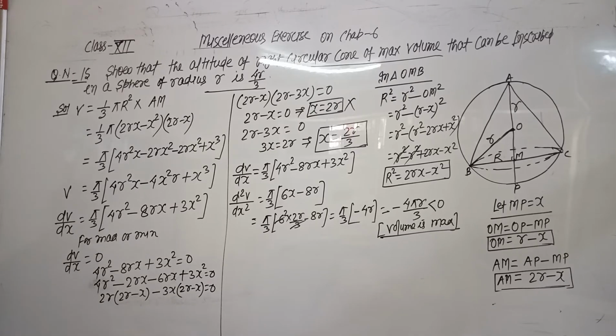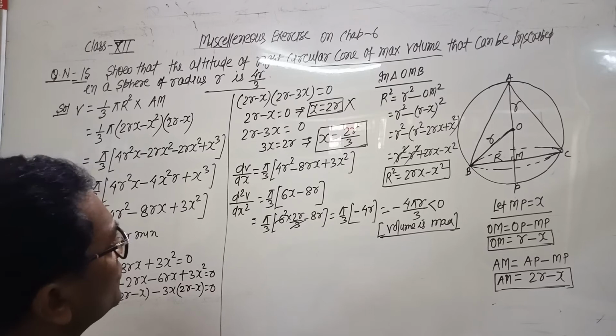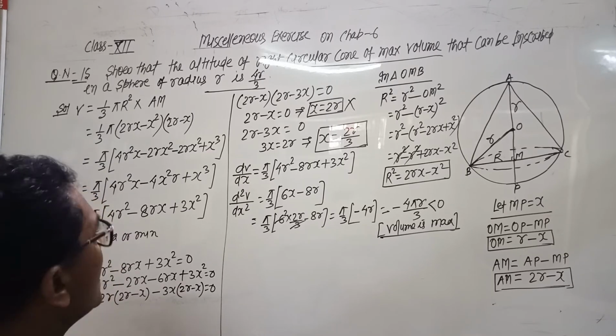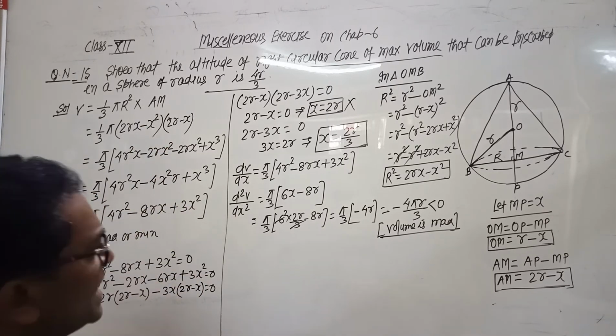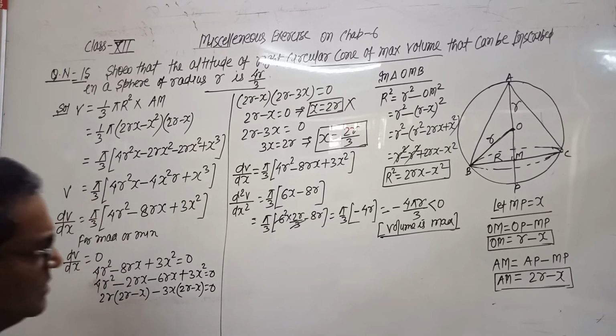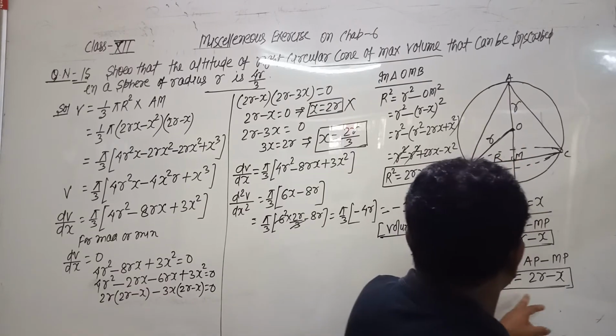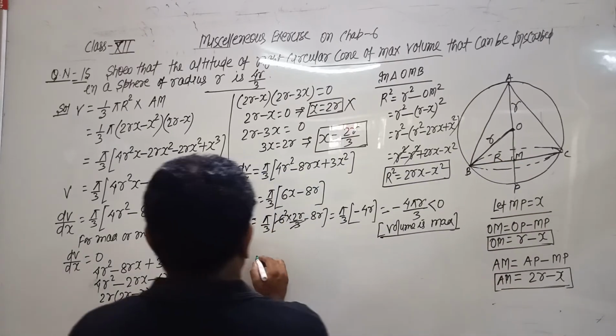Now we have to find that the height or altitude of the right circular cone is equal to 4r by 3. So we calculate the altitude. AM is the altitude of the right circular cone.